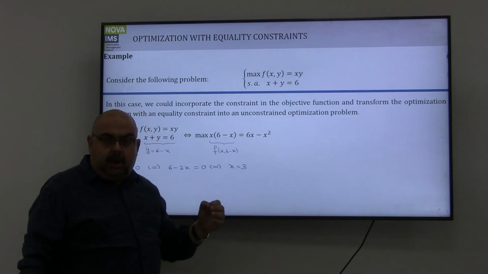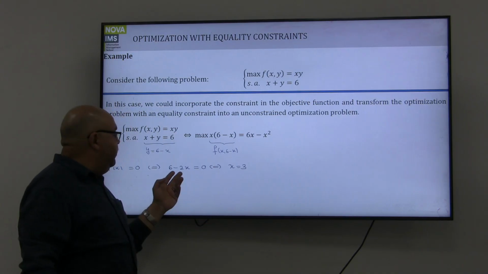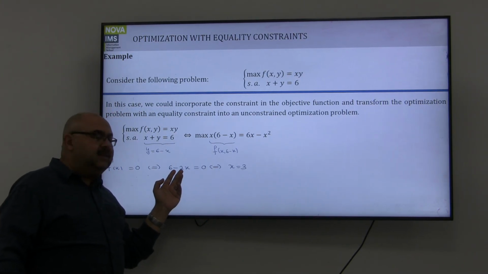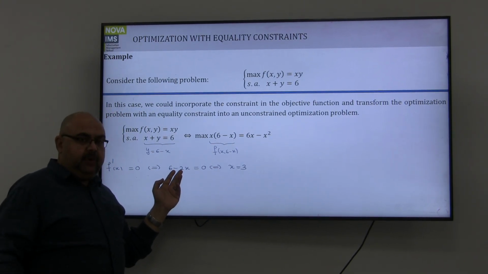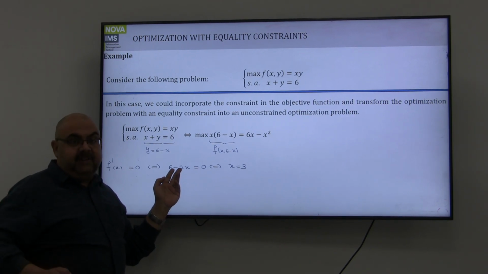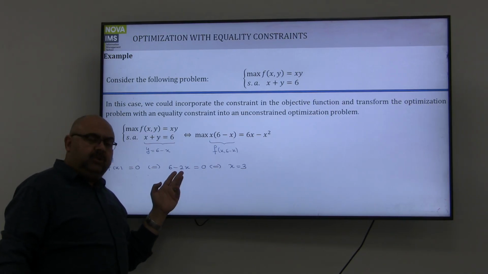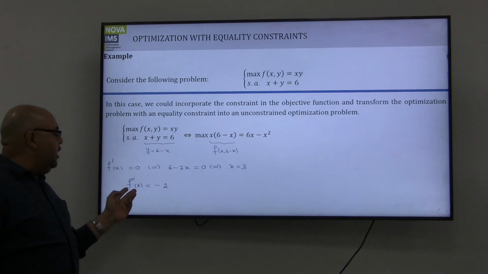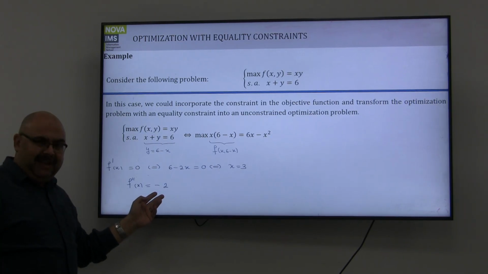Remaining is to check the second derivative, since I'm searching for the first non-null derivative and will continue according to that. Differentiating once more, f double dash is non-null, it's negative.